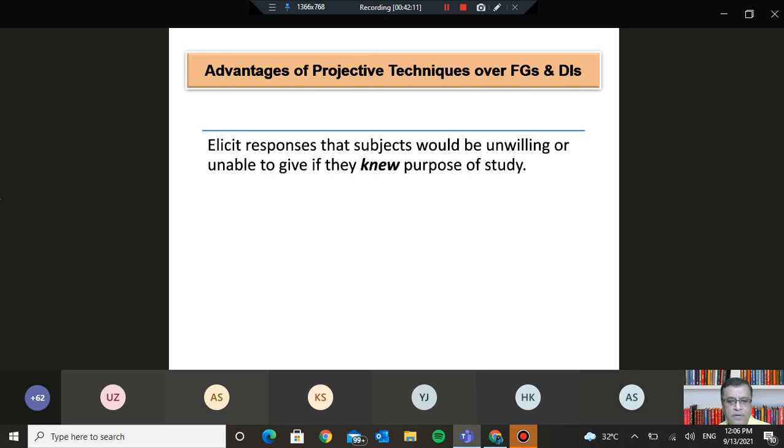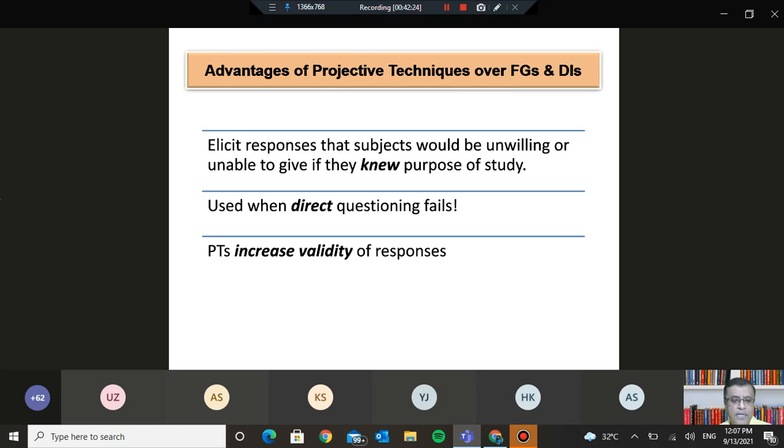They may try to mislead us as researchers. So some researchers say that these projective techniques increase the validity of responses. Why do we say that they increase the validity? Because they are concealing, or disguising, the purpose.